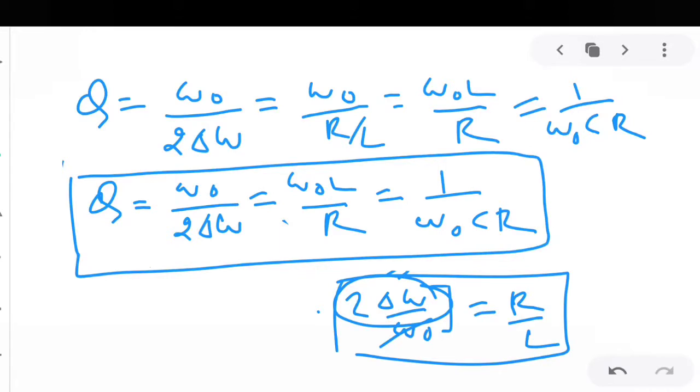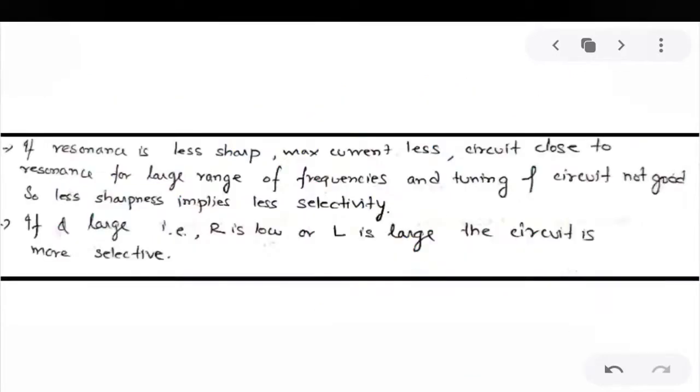Now we want quality factor to be high, so that means bandwidth should be small and resistance of the circuit should be small. So we can make these concluding remarks from the discussion.